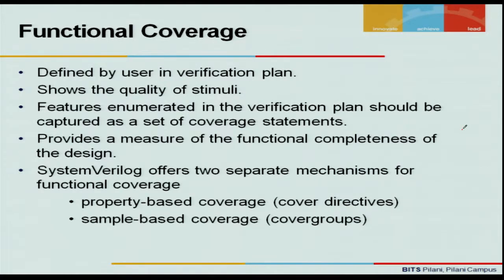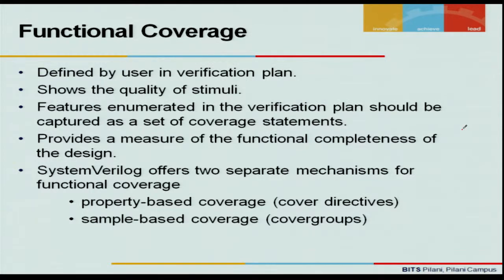Now we created a certain test case for a certain feature and we have run it, and our RTL passed. The RTL is okay with that, and the verification environment says the test case passed. But we won't know whether the test case we have created has actually tested that particular feature.